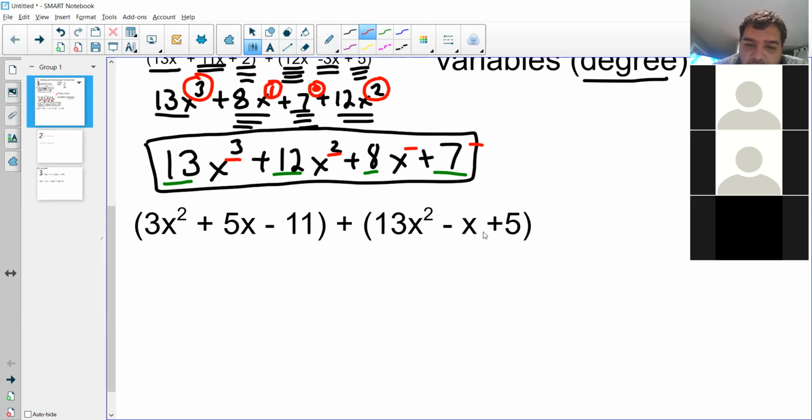Let's combine some like terms. I'll tell you the answer. 16x to the second plus 4x minus 6. Good. This should be your answer, guys.